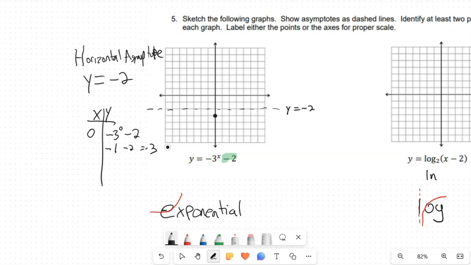We have the y scale labeled. We'll need to scale the x-axis eventually, but not yet. And then I'll put another value in there. Let's try 1, something close to the previous point. 3 to the 1 minus 2 is 3 minus 2, which is 1. Now I have to write that point.